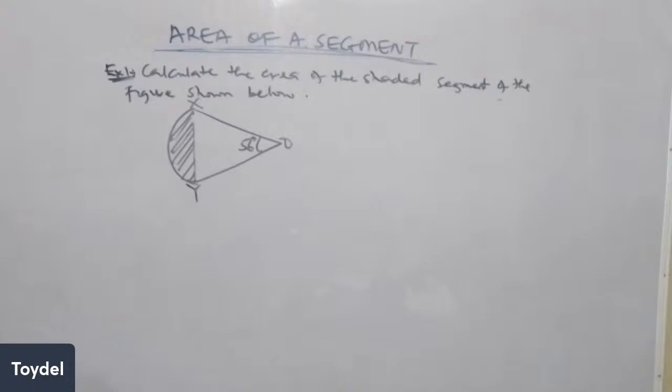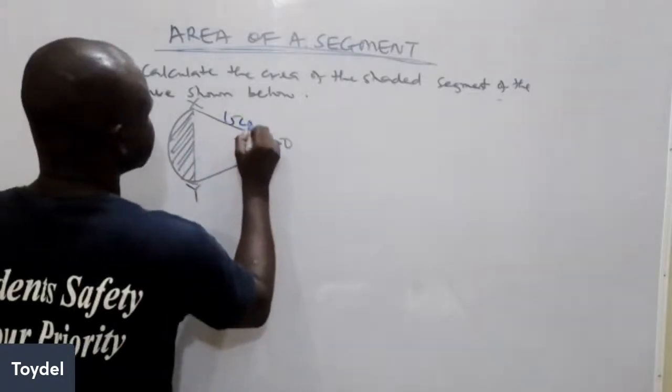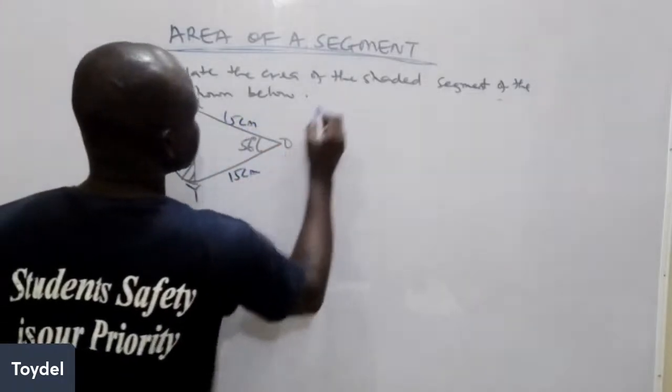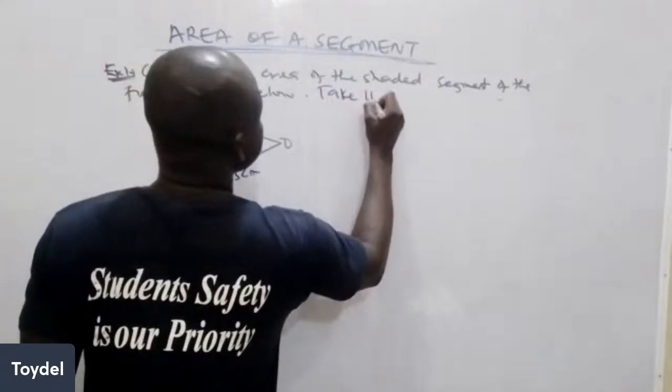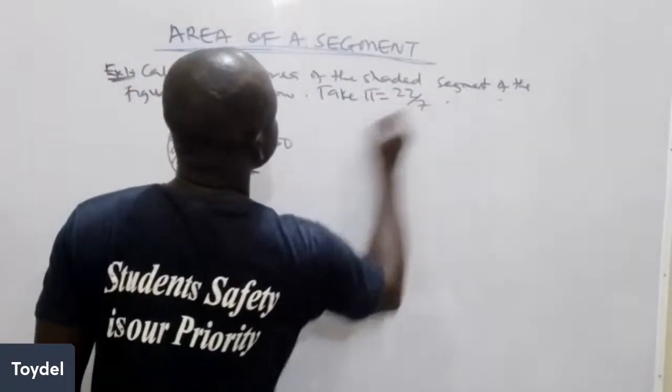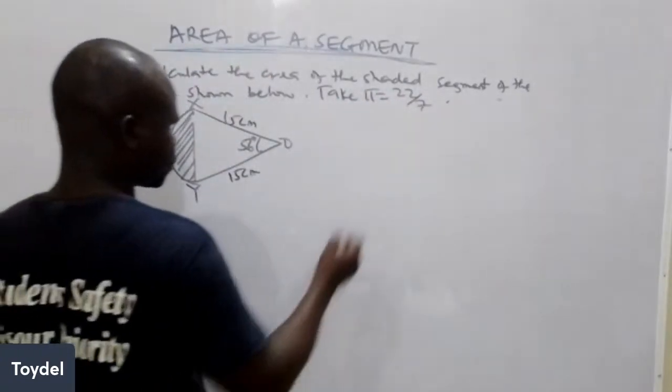We want to calculate the area of the shaded segment. And of course, here the radius is given as 15 centimeters. So here is also 15 centimeters. And we have to take pi as 22/7.